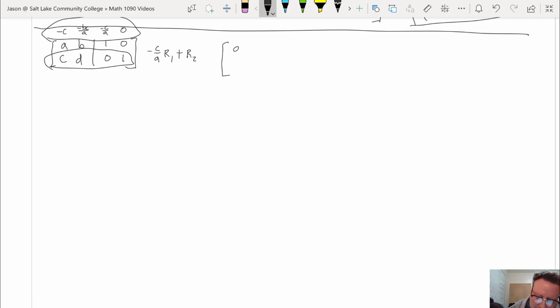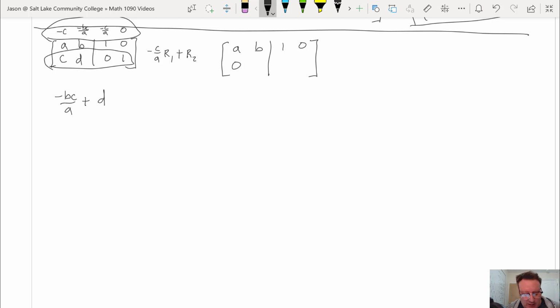The top row stays the same: A, B, 1, 0. The bottom row changes, though, to 0, and then I have, let's see, negative BC over A plus D. Let's simplify that.